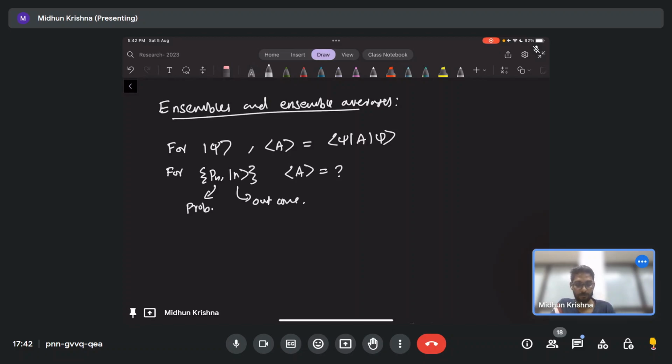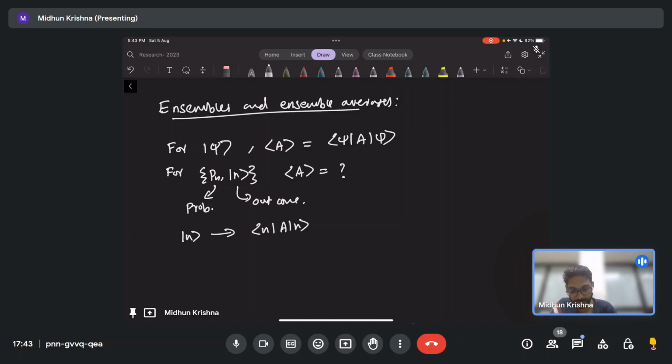Okay. So instead of a pure state, if we had a mixed state, how would we talk about this expectation? That's what we're going to do now. Let me leave the question mark here. We know that if the state was n, the expectation is nothing but n A n.